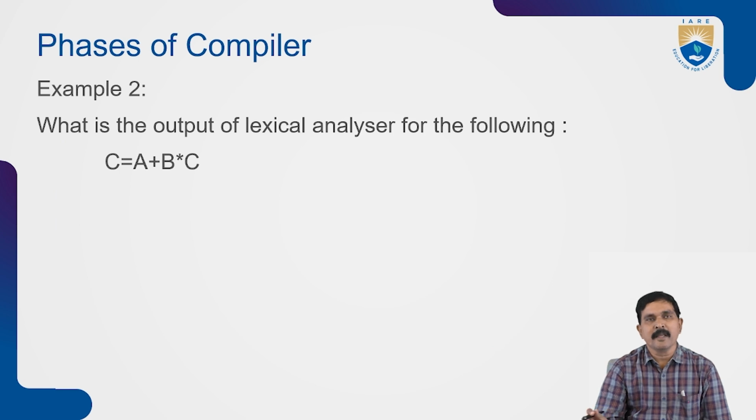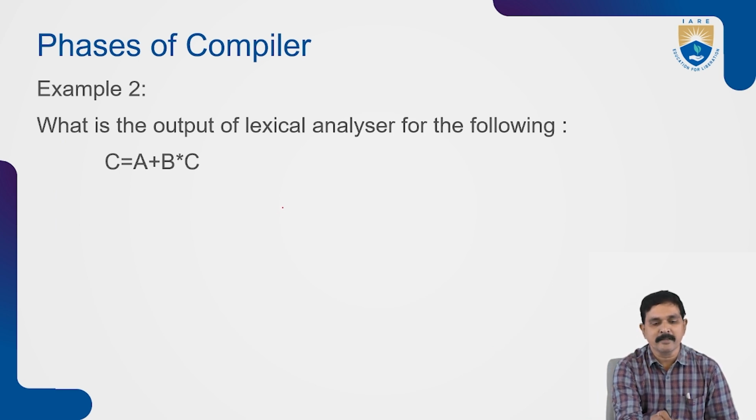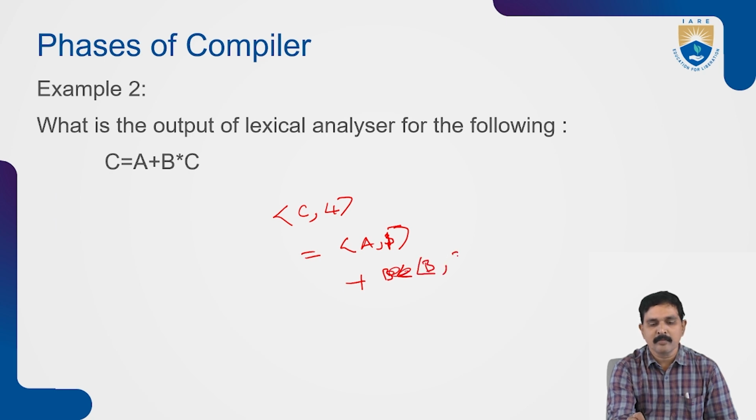See this example case, how can you analyze? For example, I'm giving the statement C, 4, which is equal to A, 3 or A, 1, plus B, 2, into C, 3.